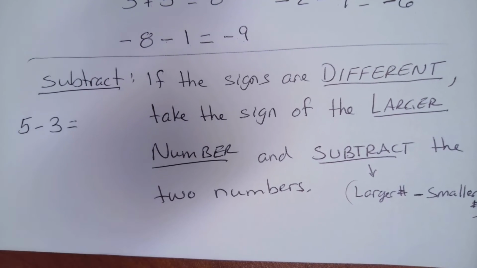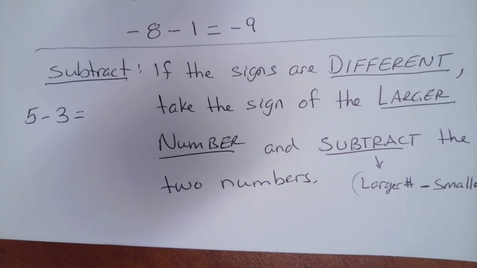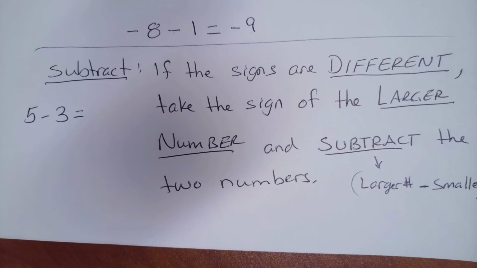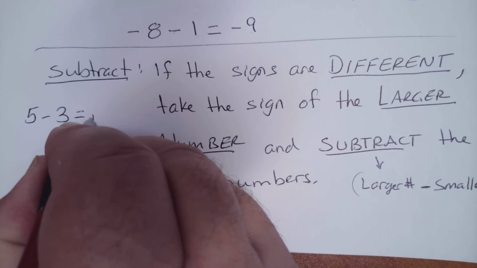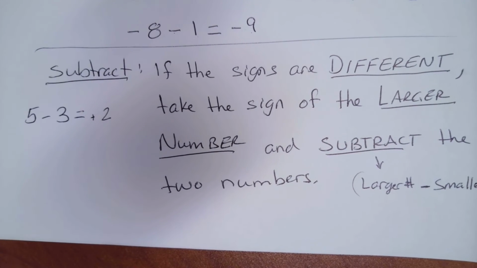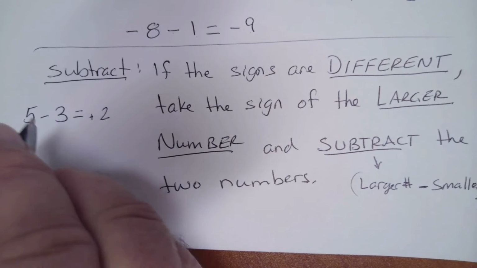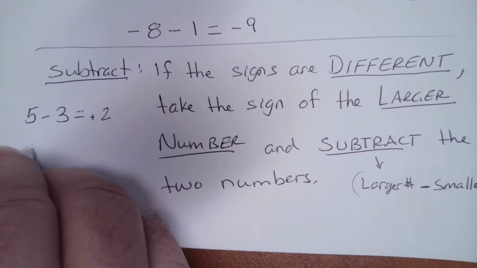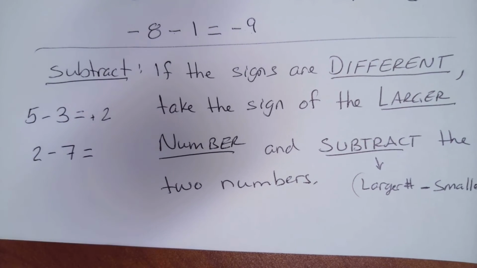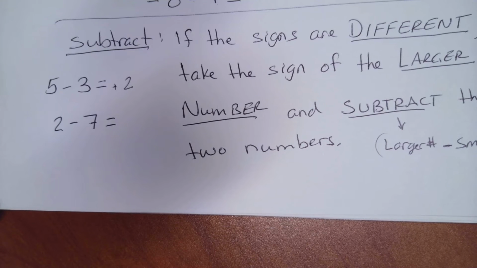5 minus 3. Which one's bigger, positive or negative? So the answer is positive. 5 minus 3 is 2, so the answer is positive 2. 2 minus 7.